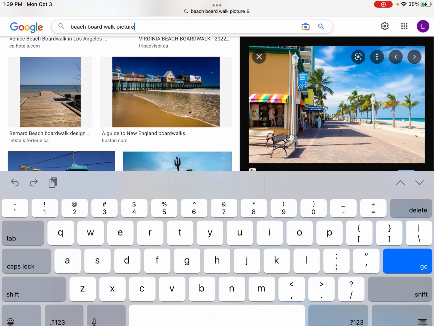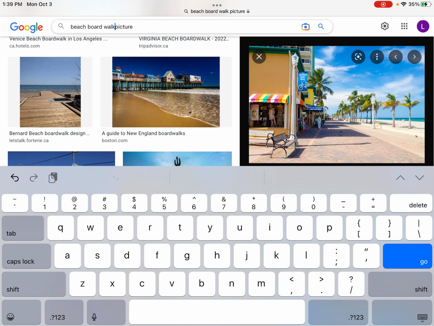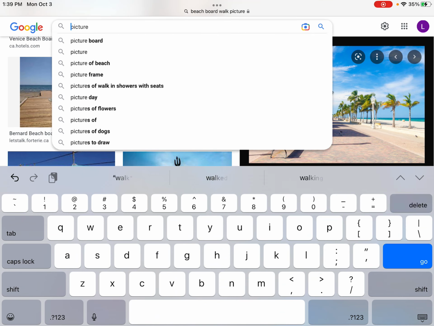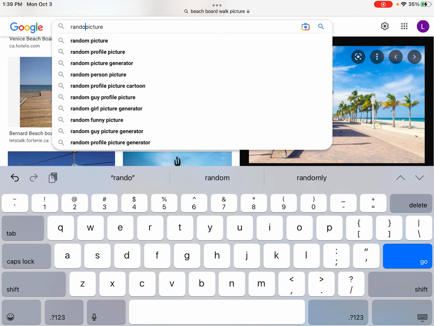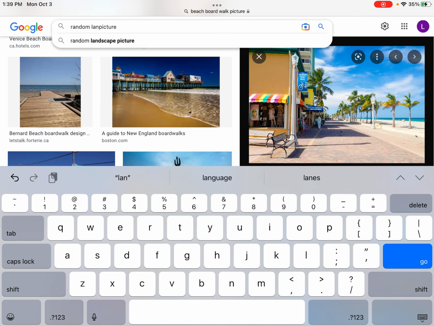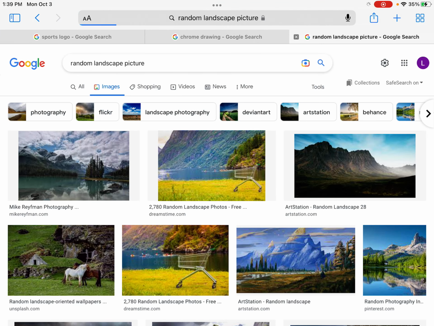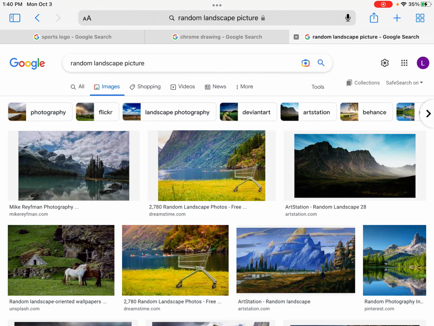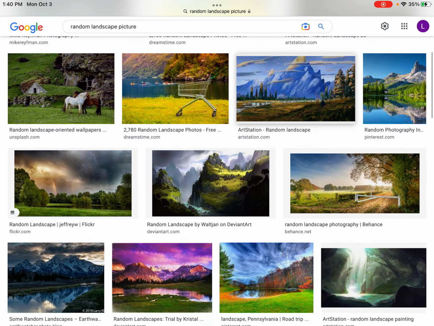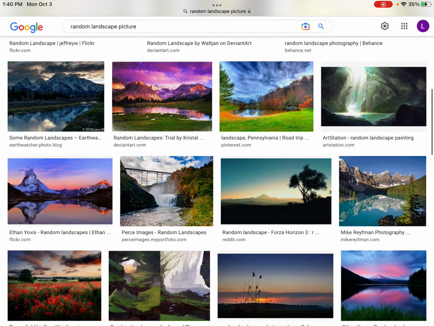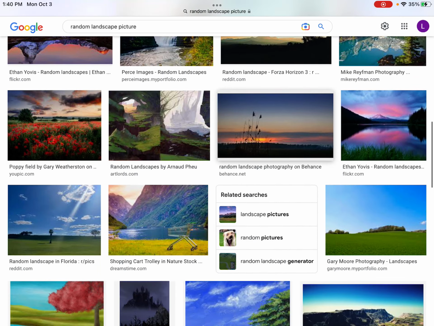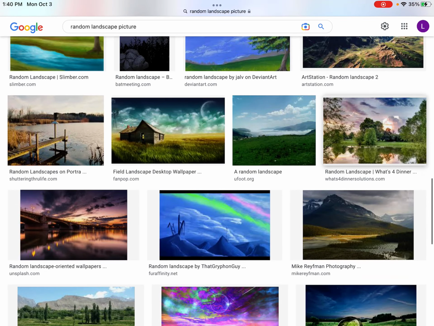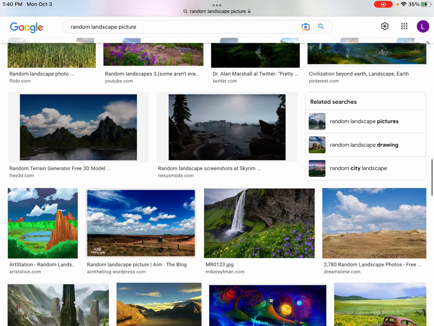Add to photos. Let's do just a random picture. Landscape picture. Let's go. Just gonna throw some random pictures in. Add to photos. Let's do another one, whatever.